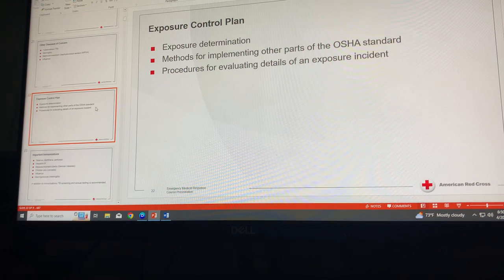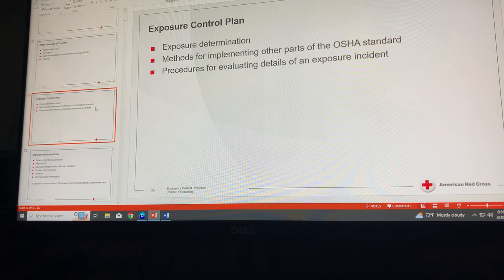Exposure control plan. The Federal Occupational Safety and Health Administration, OSHA, requires employers to have an exposure control plan. The exposure control plan is a written plan outlining the protective measures the employer will take to eliminate or minimize employee exposure incidents.